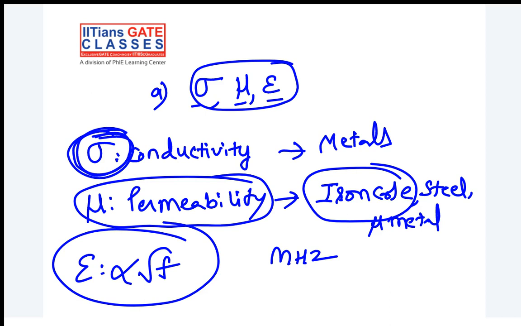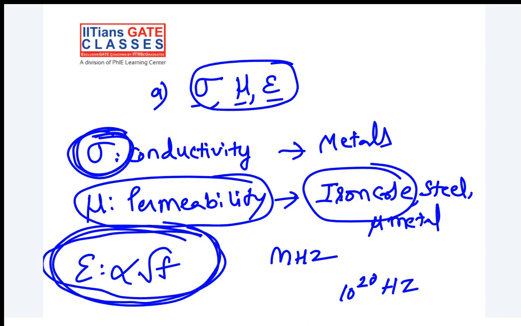X-rays are typically in the frequency range of 10 power 20 hertz. You may wonder why only specific X-rays are required for diagnosing. The reason, as I told you, is that human body permittivity is a peculiar thing, which is directly proportional to the frequency.